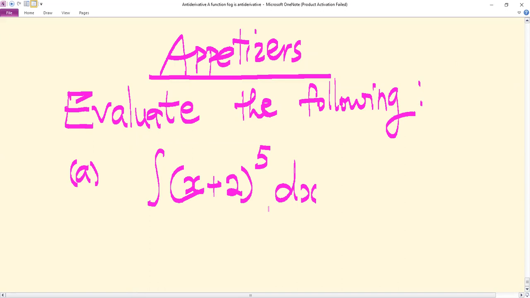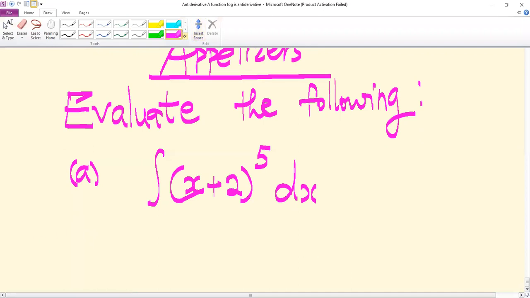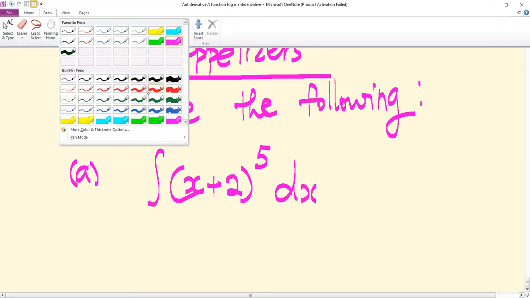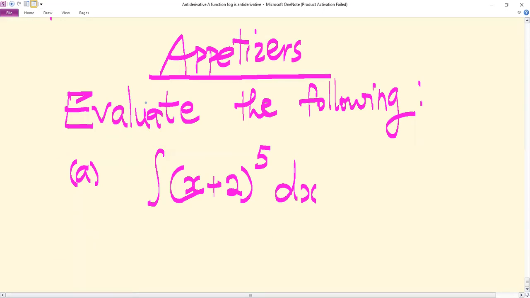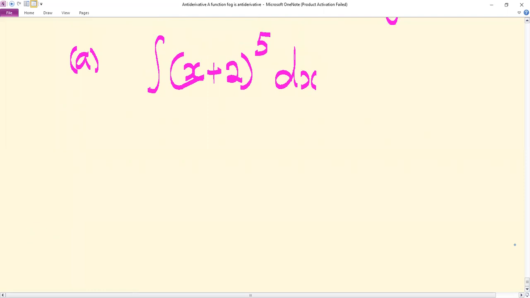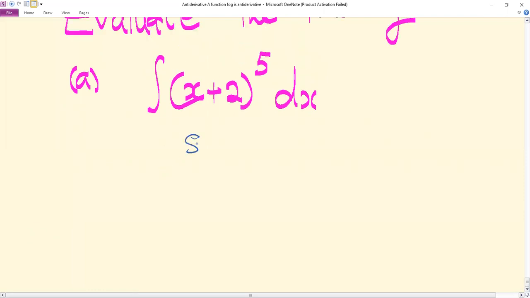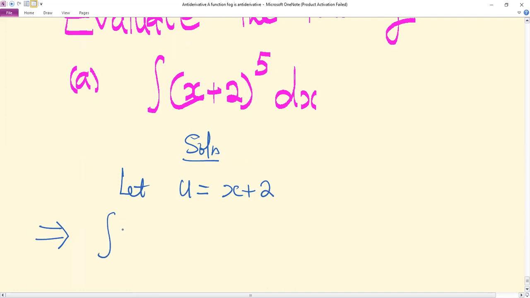x plus 2 raised to power 5. I know we can expand this by binomial and integrate by the power rule, but I don't want us to pick that route because it will take a lot of time. So what we do here, in this solution, you let all this bracket be u. So let u be x plus 2, which means our integral will be the integral of u raised to power 5.